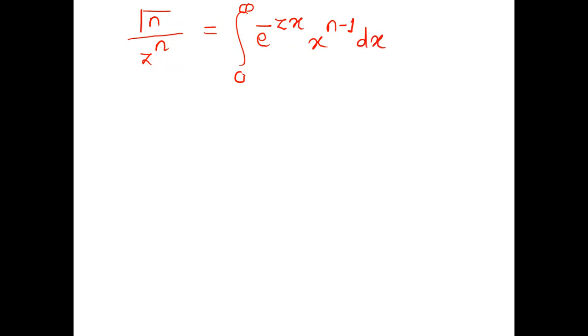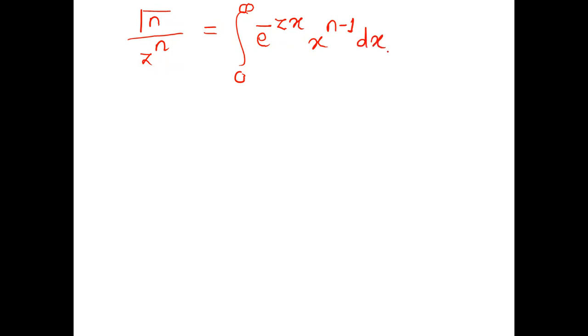So what we get is gamma of n upon z raised to n, since k is replaced by z, is equal to the integral from 0 to infinity of e raised to power minus zx, x raised to power n minus 1, integration with respect to x.